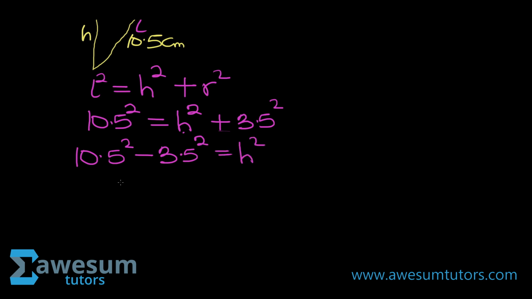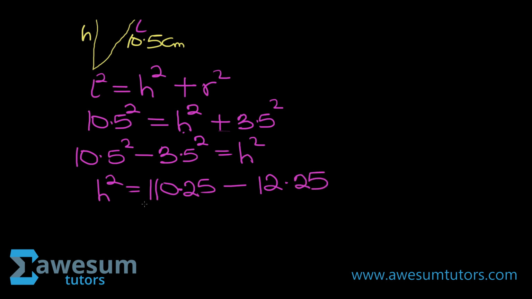So now this can be rewritten as H squared equals 10.5 squared, which means 10.5 times 10.5. That's going to give you 110.25, minus 3.5 squared, which is going to give you 12.25.